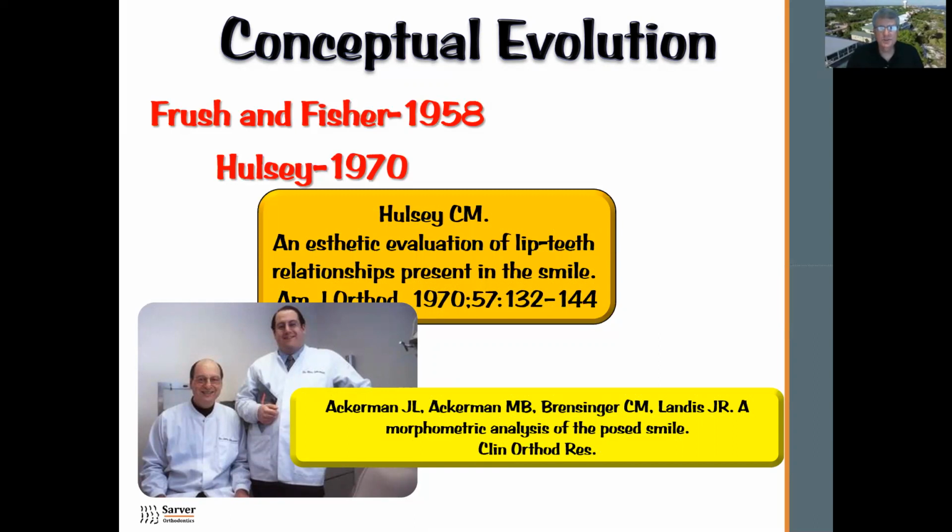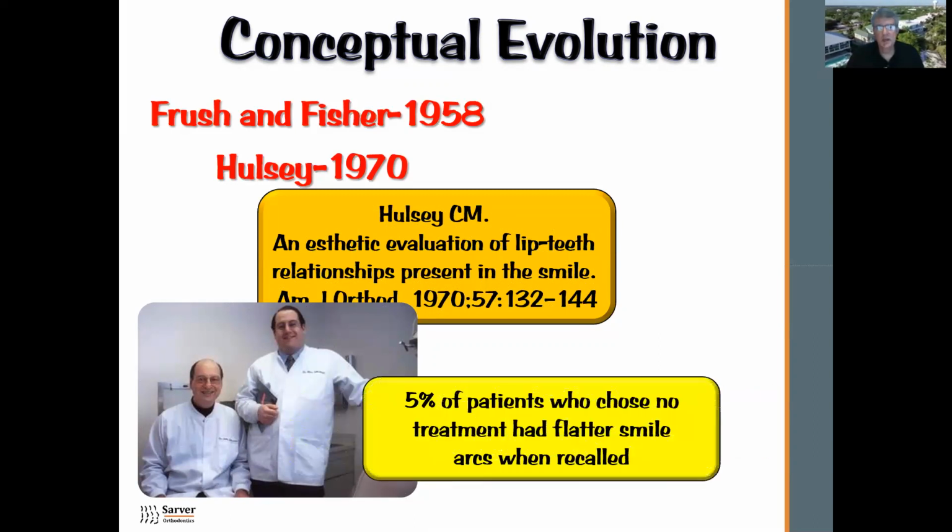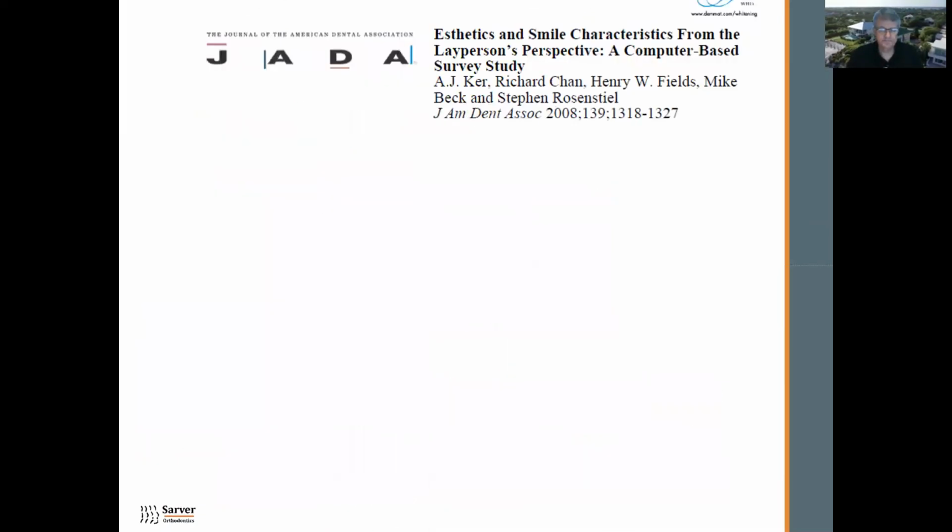It didn't get a lot of attention, not the most widely read journal. But they found the same sort of thing: one third of their patients had flatter smile arcs. But they recalled patients who had never had treatment and found that 5% of the people who never had treatment still had smile arcs which flattened, which indicates that there may be something more than where we put brackets or whatever.